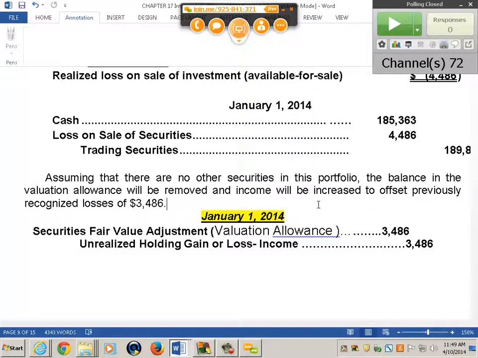I would debit the loss for 1,000, right? That's all I really need is 1,000 more loss. I mean, you could do it this way if you want, and then I would debit the allowance account of $3,486, and I would credit the investment, 189,849.